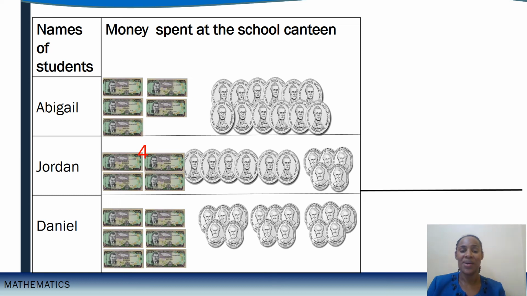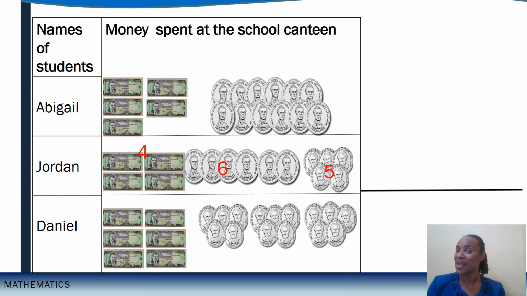Great, let's count. 1, 2, 3, 4, 5, 6. Jordan spent six $10. And look, how many $1? There we have it. Jordan spent 5 $1. So we have $400 for Jordan, 6 $10, and 5 $1.